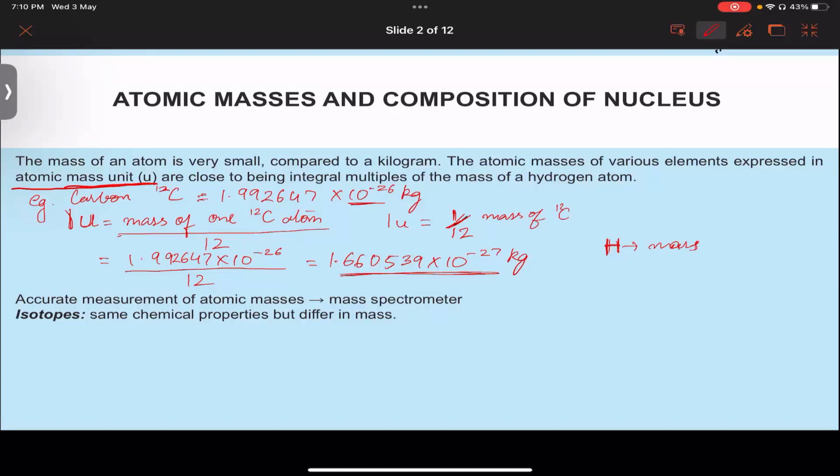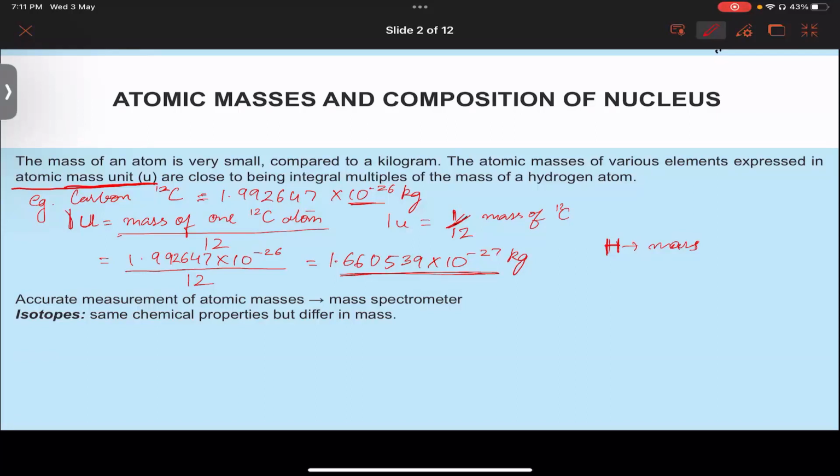Now, accurate measurements of atomic masses: how do you know that this is the atomic mass of an element? That is usually done by using a spectrometer. The measurement of such atomic masses gives you the understanding of different types of atoms of the same element.